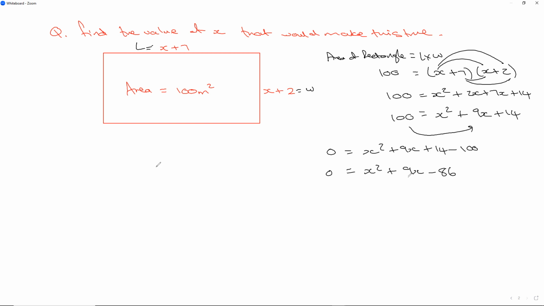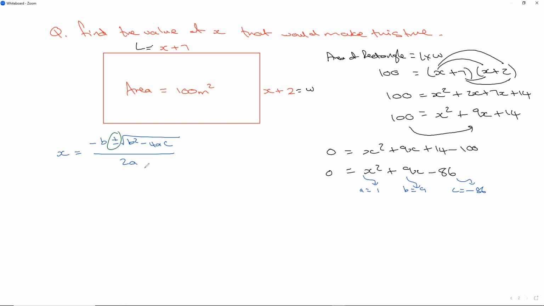The quadratic formula says if you're given a quadratic that you can't factorize, you can use the formula minus b plus or minus the square root of b squared minus 4ac, all over 2a. And by substitution, and remember a equals 1, b equals 9, and c equals negative 86, we can substitute it into this carefully and then use a calculator to get two values.